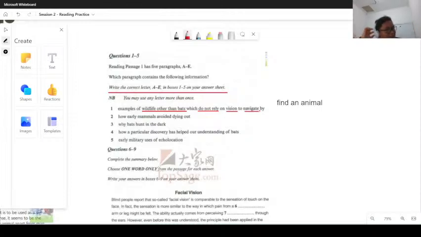So afterwards, what do you need to do after you highlight, like in this manner? First things first, make sure that you keep in mind that these keywords won't be exactly the same in the reading passage. You will not find it written the exact same way. You're finding an animal, you want to find another animal, but the other key phrase, do not rely, is in verb form, in an action form.